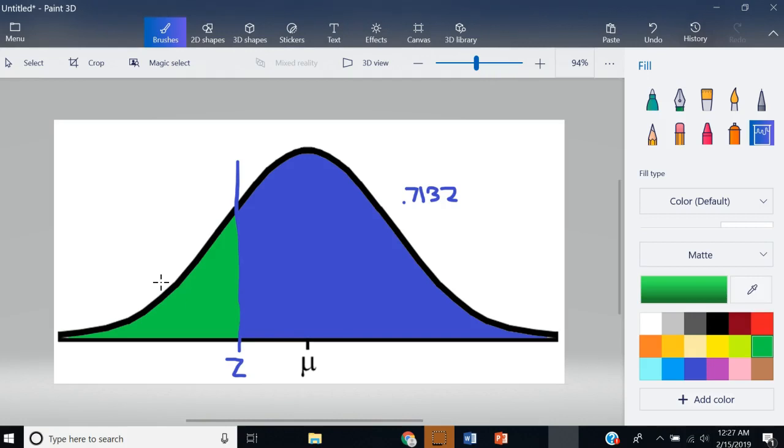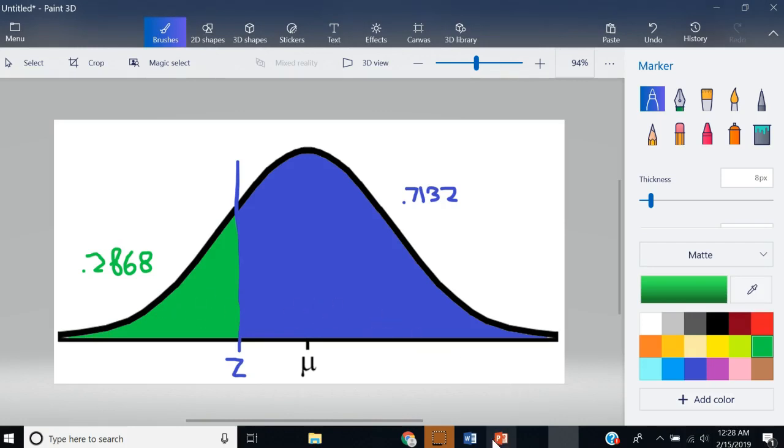So all I have to do is 1 minus 0.7132, and I would find that the green should have probability 0.2868. So 0.2868 is the green area.